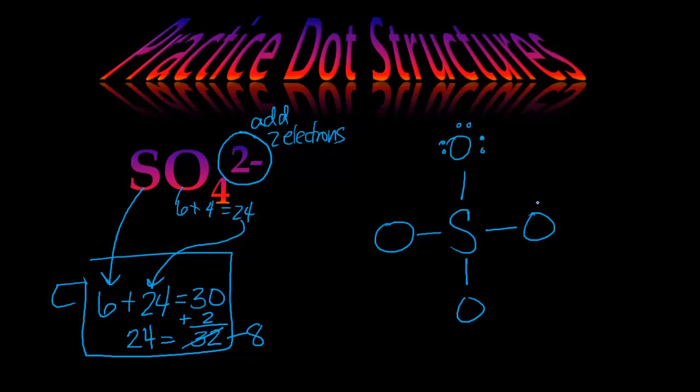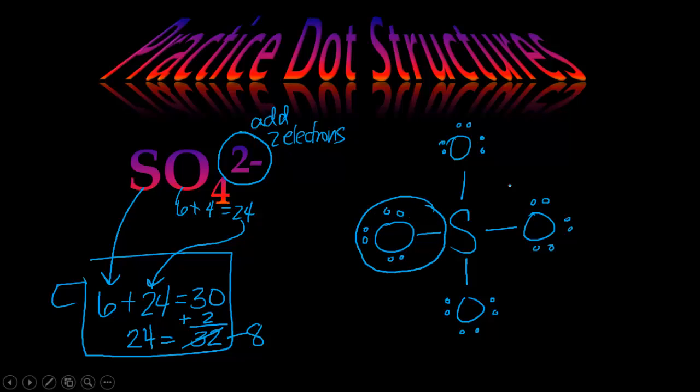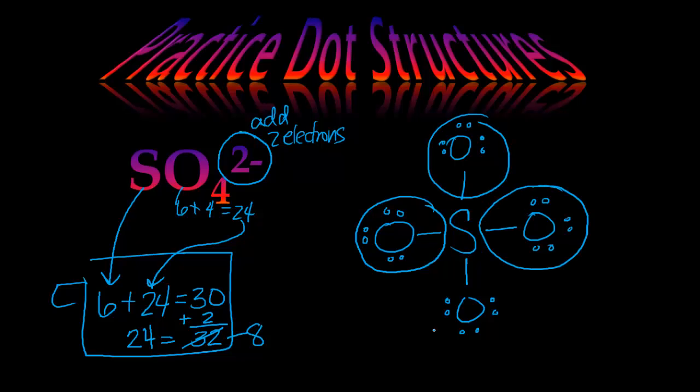So 2, 4, 6, 8, 10, 12, 14, 16, 18, 20, 22, 24. Check for octets. So O is good, O is good, O is good, O is good, and S, yay, is also good. It's got 2, 4, 6, 8.